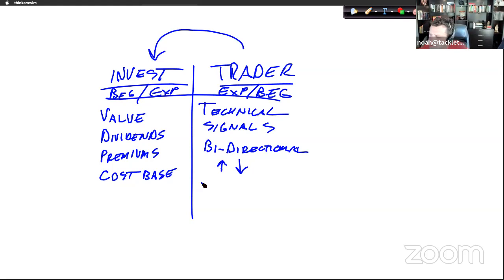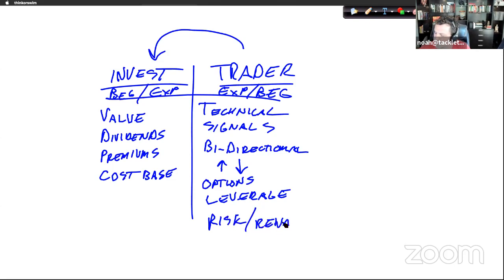A lot of traders want to work with options so they can get leverage. And again, ultimately what it comes down to is that risk versus reward ratio.